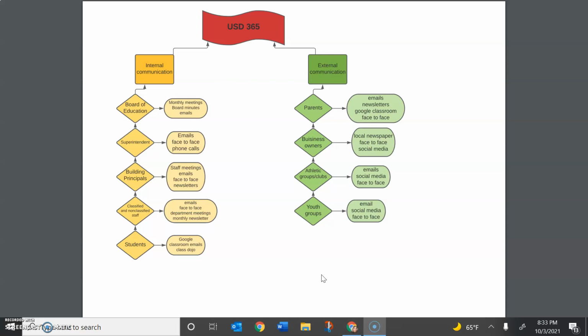For the students lower than 8th grade, for communication we go through Class Dojo or Seesaw or some other app like that. For our external communication, we have parents. We communicate with emails, sending them directly to their kids or mass emails of events that are happening in the school or in the school district. We send out newsletters that go out to parents.